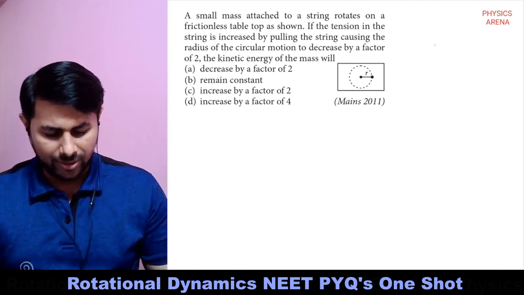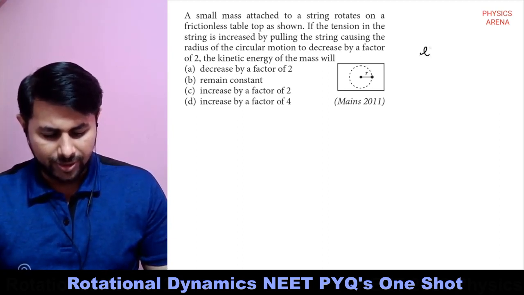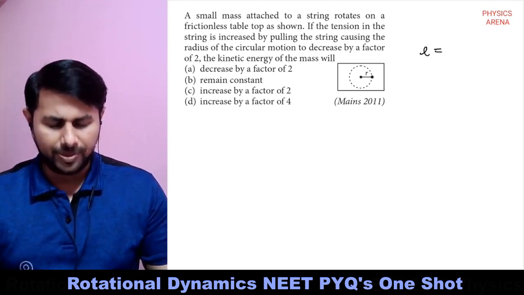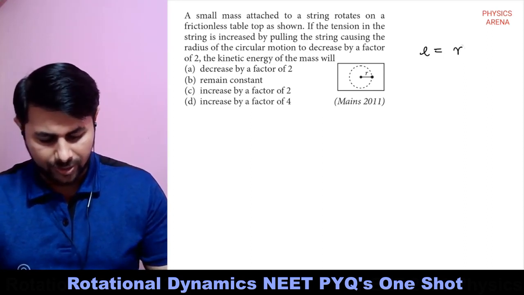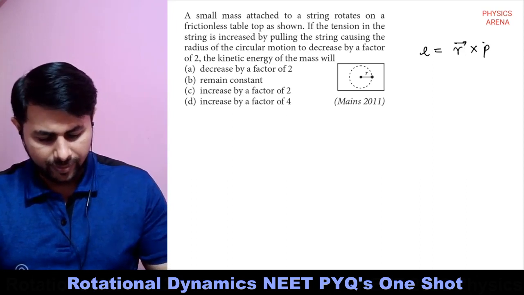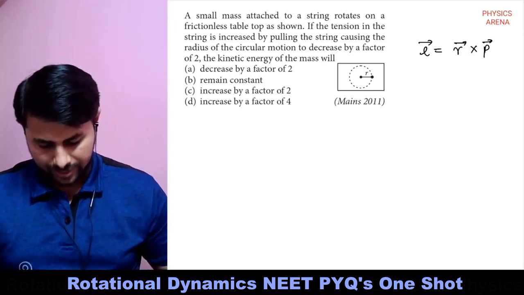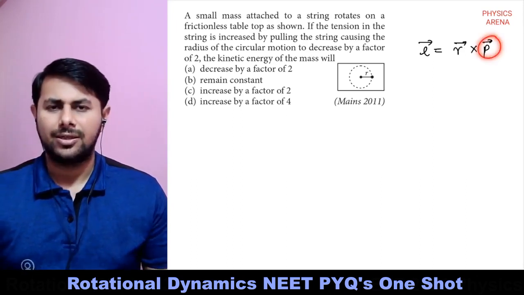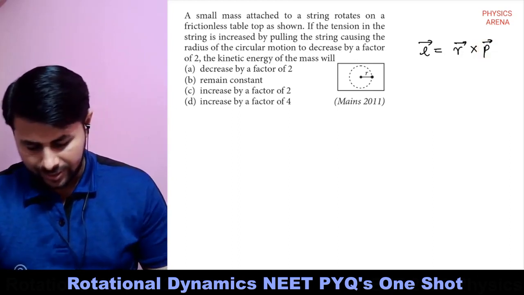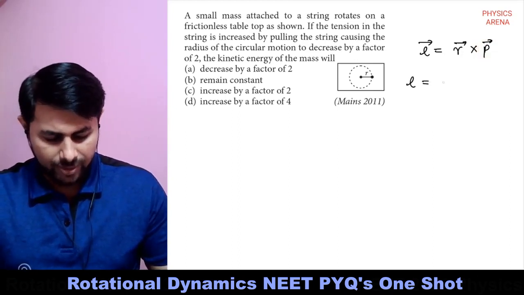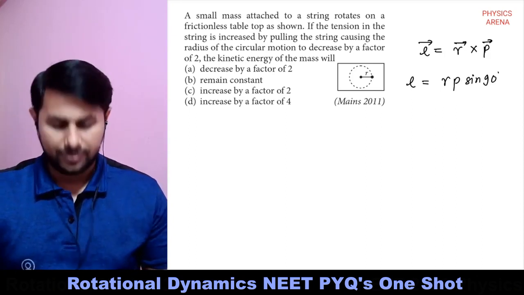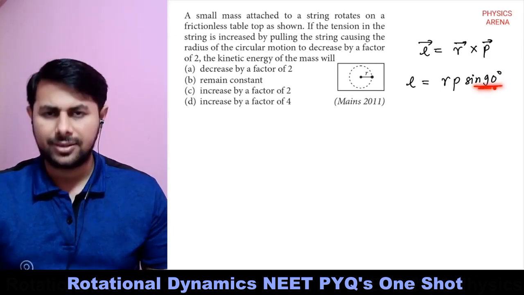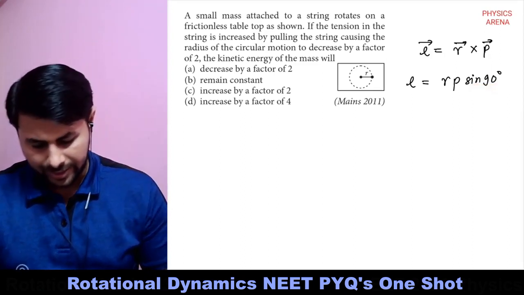Okay, so what is the angular momentum? That is equal to R into P, you can say. Okay, so for a particle performing circular motion, see R and velocity, they are perpendicular to each other. So how much is the angular momentum? So it's R into P multiplied by sine of 90. Okay, sine 90 is 1, right?